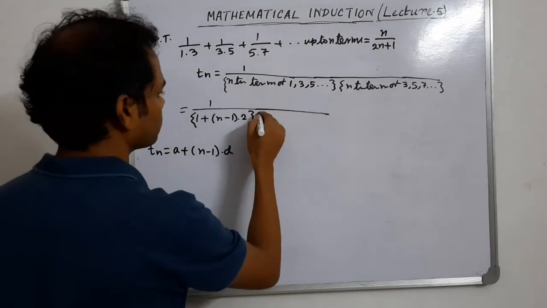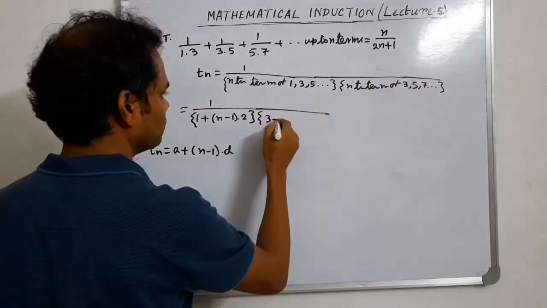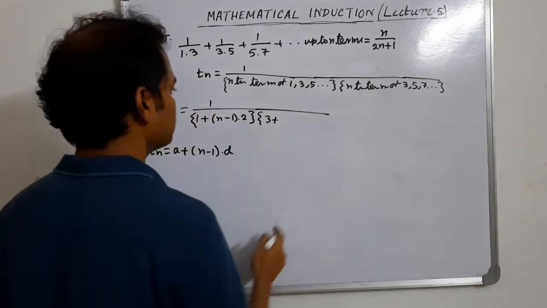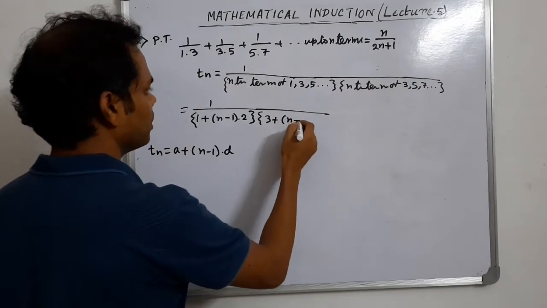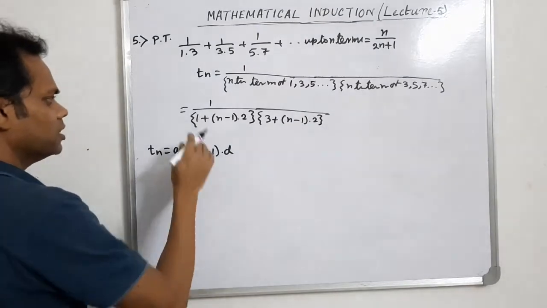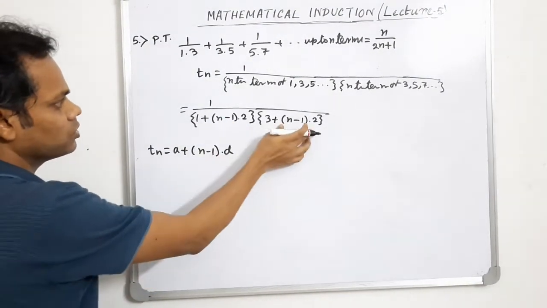For the other, the first term is 3 and the common difference is 2, 5 minus 3 is 2, 7 minus 5 is 2. So 3 plus (n minus 1) into 2, or you can take just 2 more than the first term.